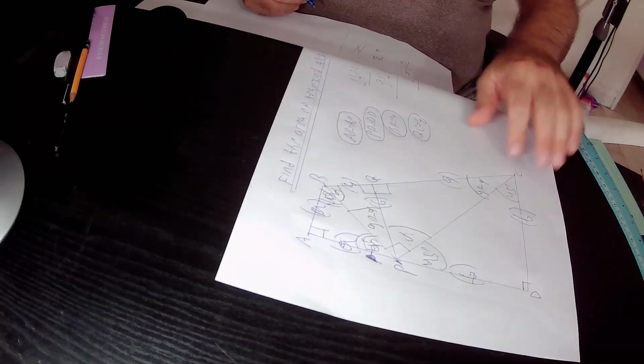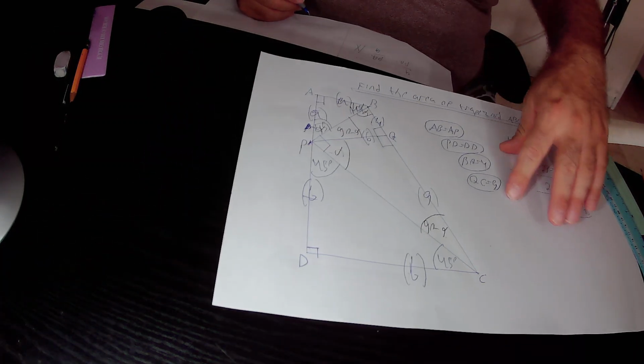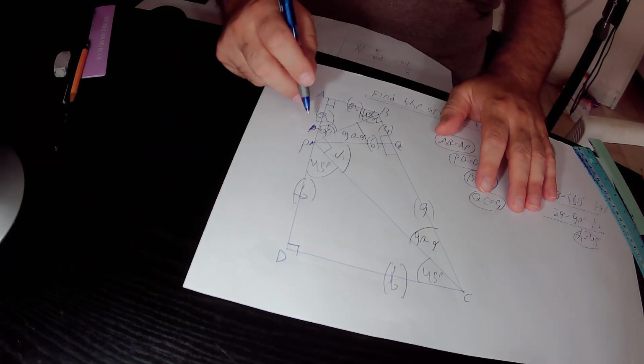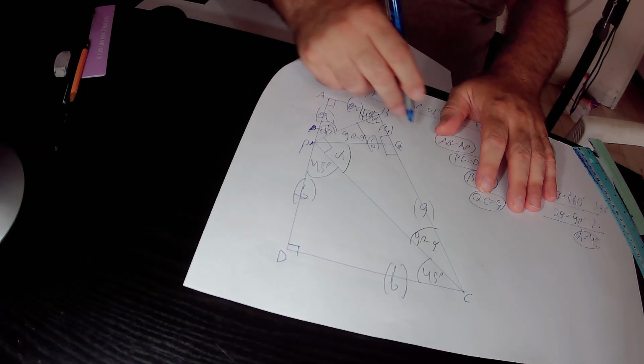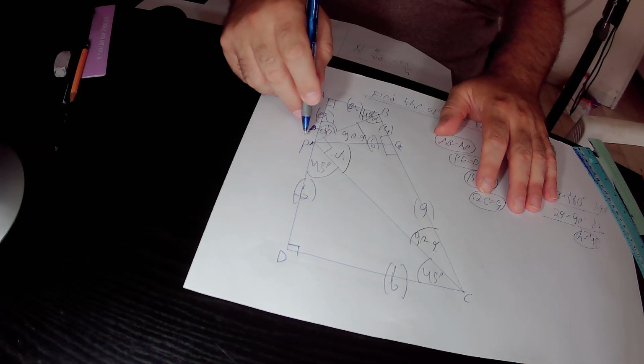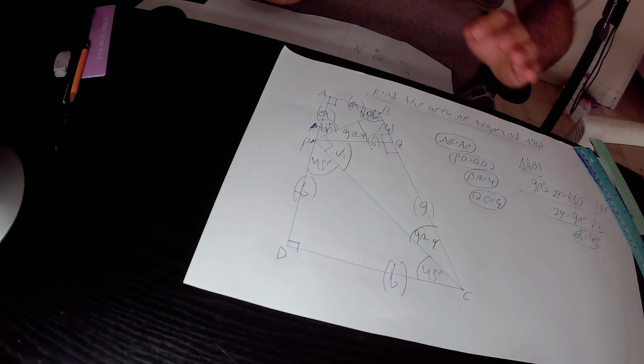In the next step, we'll implement the Pythagoras theorem on this big right triangle PBC. This is the big right triangle PBC.